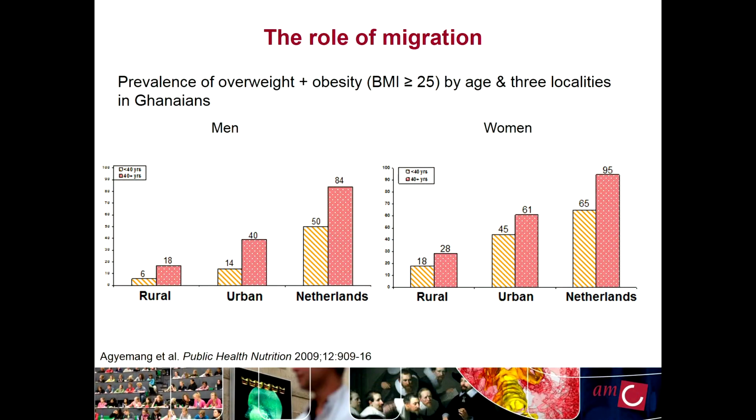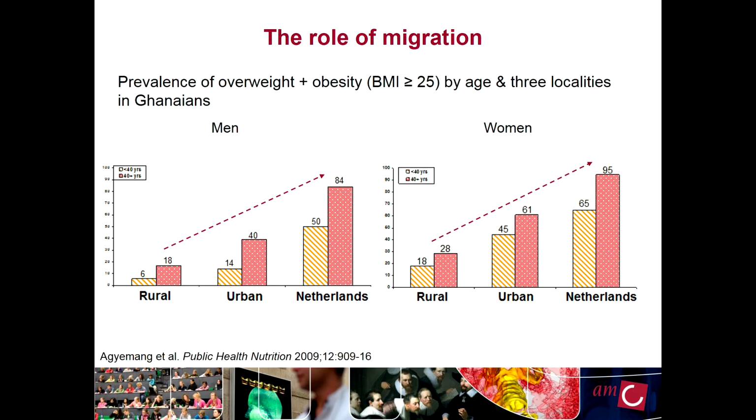So this is some example data from the role of migration. This is data from about 10 years ago, where we saw a very steep increase in overweight and obesity prevalence from rural Ghana to urban Ghana to the Netherlands. In this graph, the yellow bars are those younger than 40 years, and the red bars those aged over 40 years, and men and women.